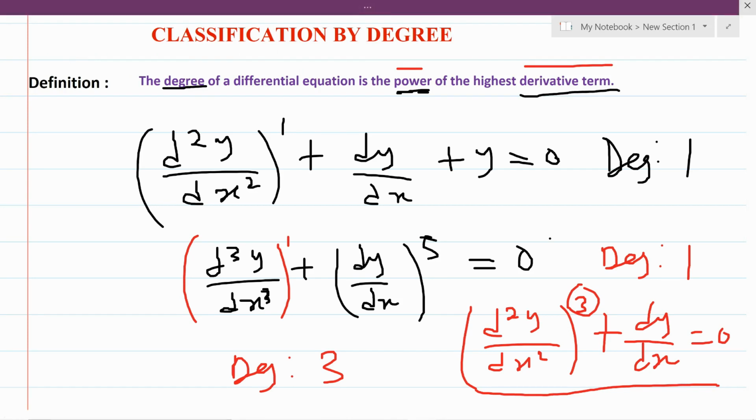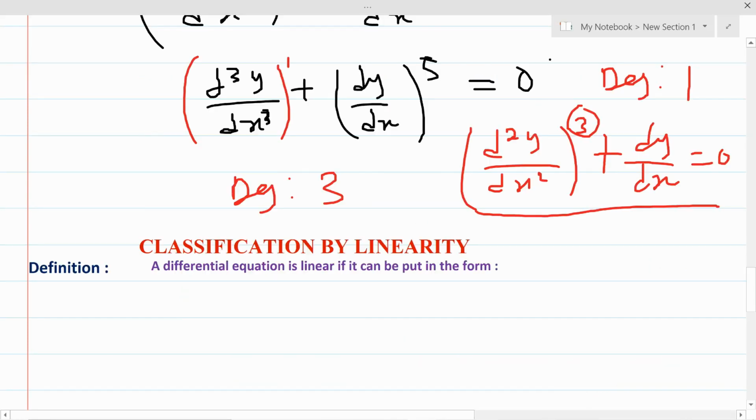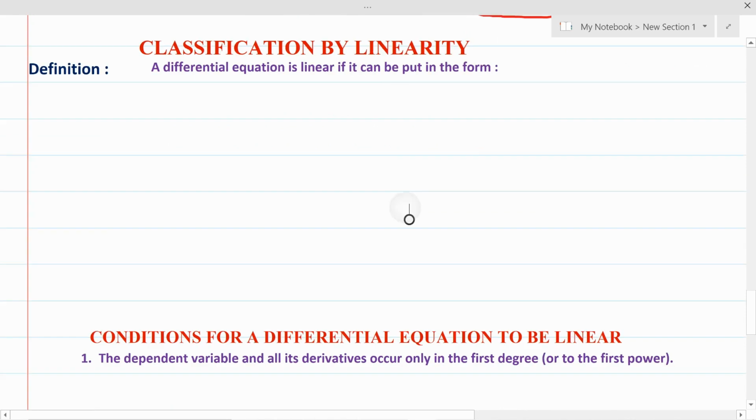All right, so classification by linearity. If you look at classification by type, the ordinary differential equation and partial differential equation were easy to identify.